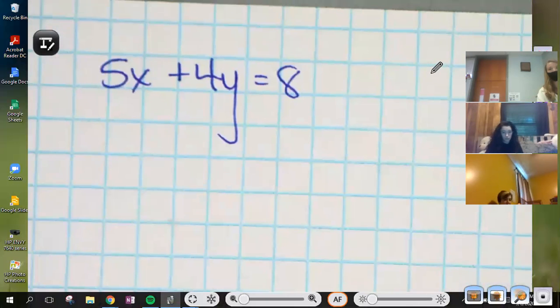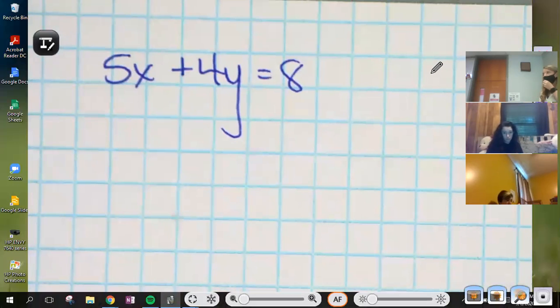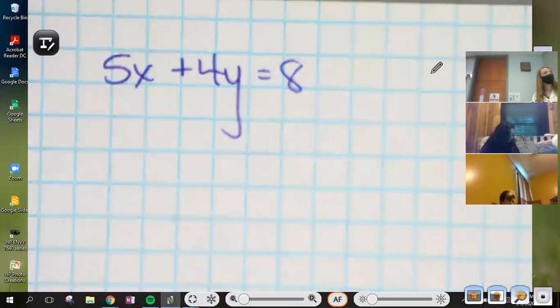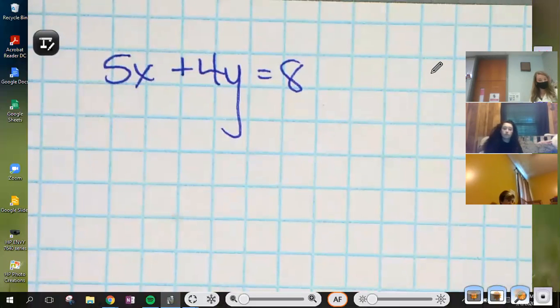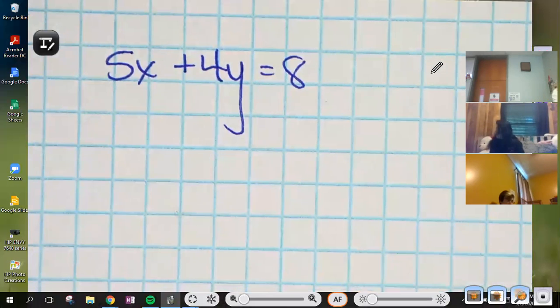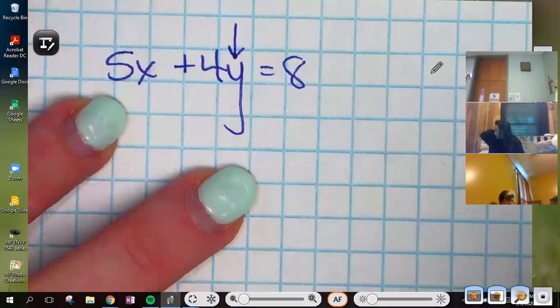Okay, next one was 5x plus 4y equals 8. Can I graph it in this format? No, what do I have to do? Did you say simplify or solve for y? Oh, we will eventually have to simplify, but we have to do that by solving for y.